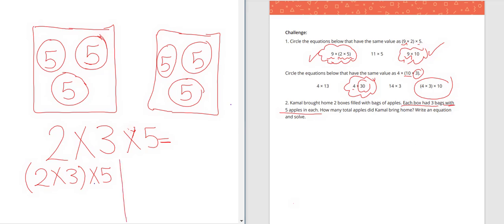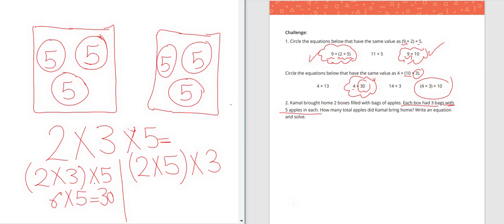Or we can get the first with the third between brackets times the second. And note where is the easy way. Okay, now get the product of 2 times 3. 2 times 3 equals 6. 6 times 5 equals 30.